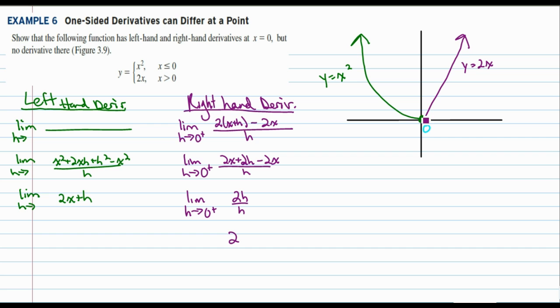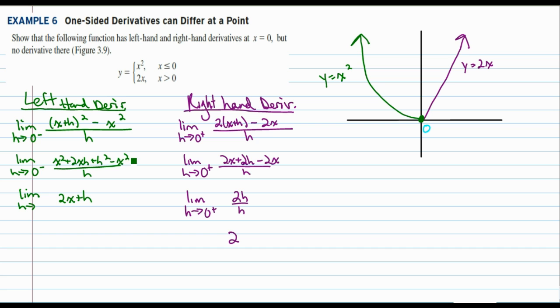Now looking at the left-hand derivative, so coming in from the left, we're looking at the derivative of this piece as a right endpoint of this piece. The limit as h approaches 0 from the left is going to be f of x plus h, so that's x plus h squared, minus f of x, so just plain old x squared, all over h. So I'm going to distribute out my x plus h squared. I'm still approaching 0 from the left.